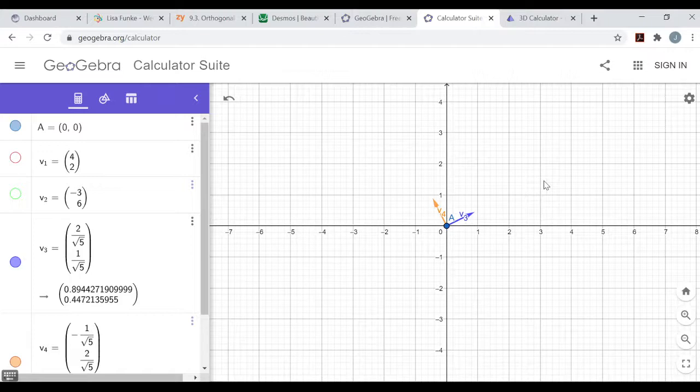I'll have a video coming up after this, I'm not going to do that in this video, where I talk about writing the coordinates of a vector relative to an orthonormal basis, and an orthogonal basis too, but orthonormal is very nice when it comes to writing coordinates, as you'll see in my next video, but not now.